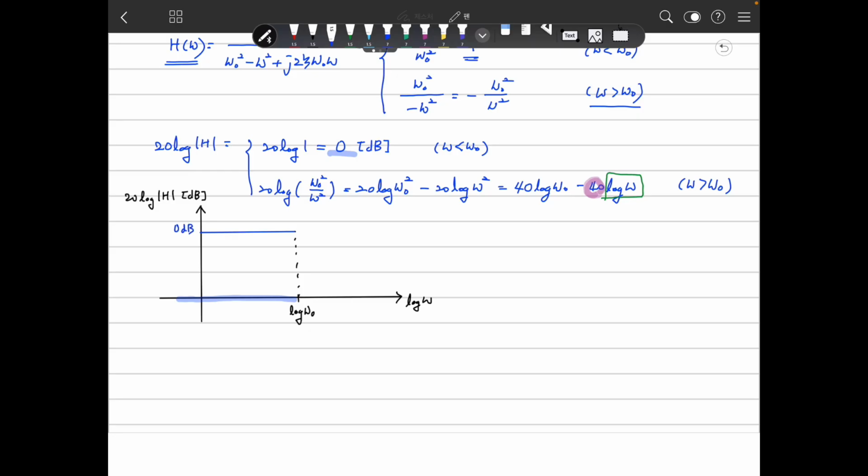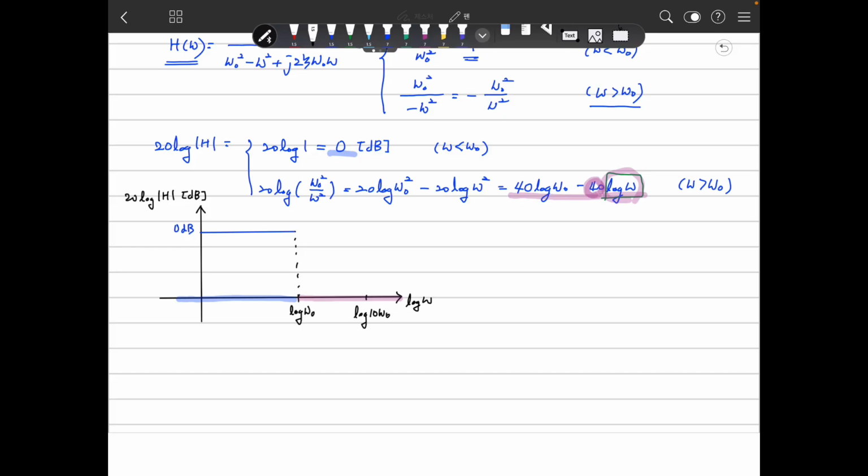And for frequencies larger than omega 0, in this area, we have this line, this function of omega, and so we can define some value here. This is log 10 omega 0. When we insert this omega 0, there will be 0 dB.